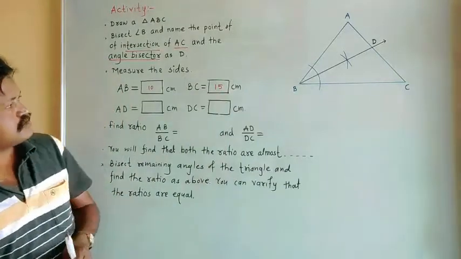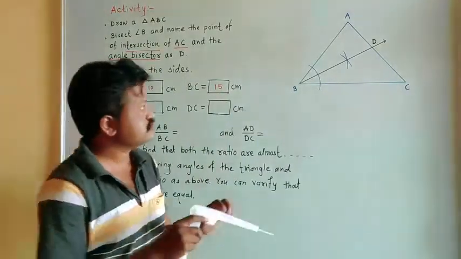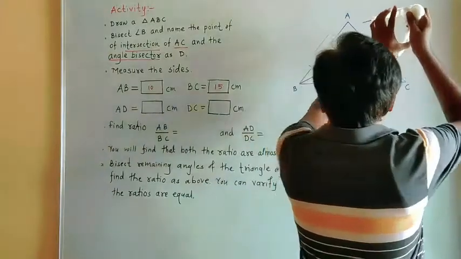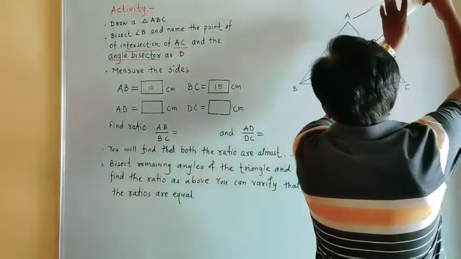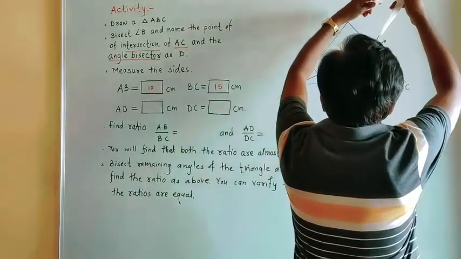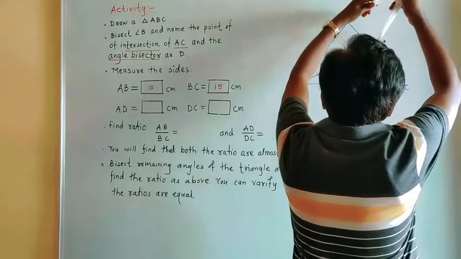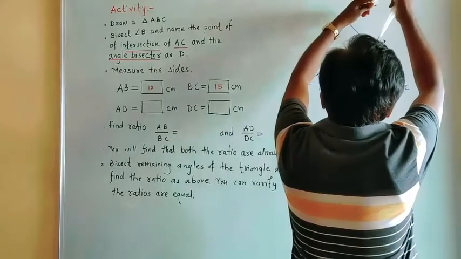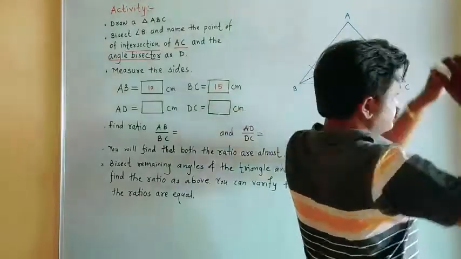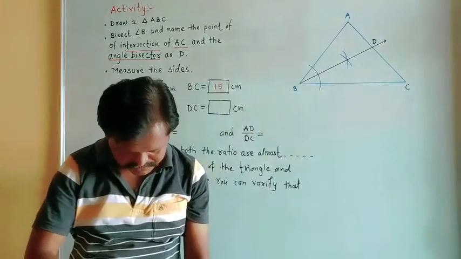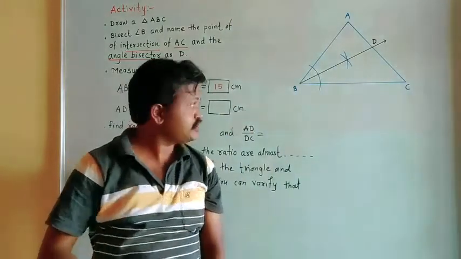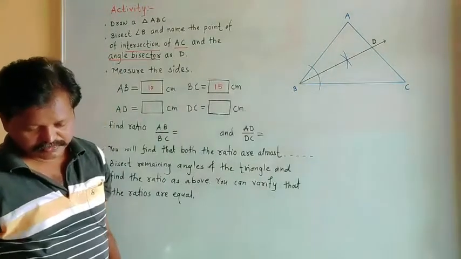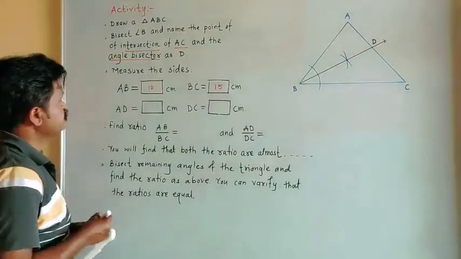Then you measure side AD. Look here, AD. Measure this AD, you get this measure 5. How much is it? 5.